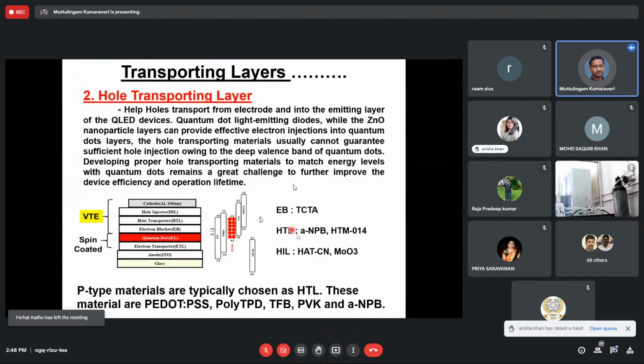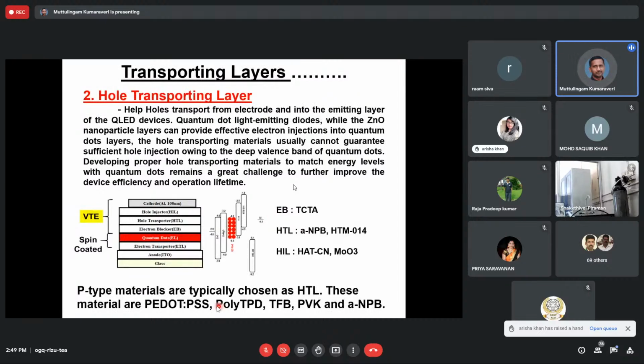Then for the hole transport, NPB and HTM14 are small molecule organic materials. And for the HIL, the hole injecting layer, we use HAT-CN or MoO3, molybdenum trioxide. These are P-type materials, normally used as hole transporting layers.